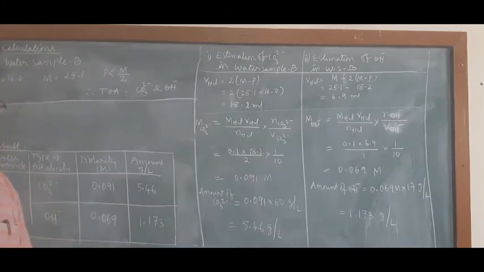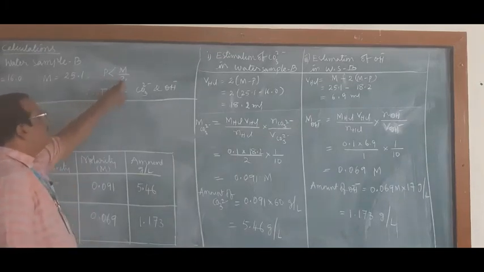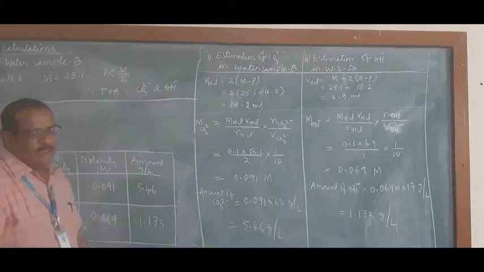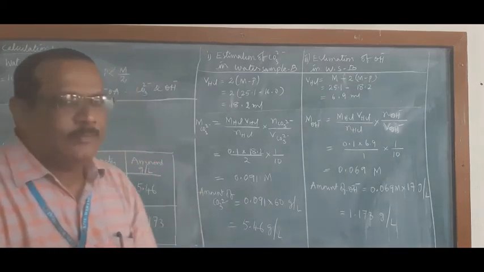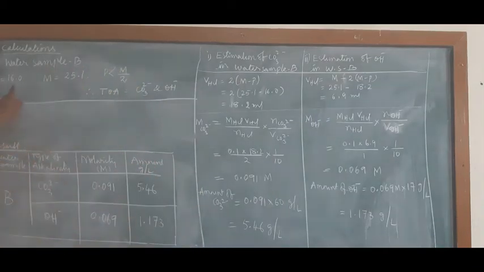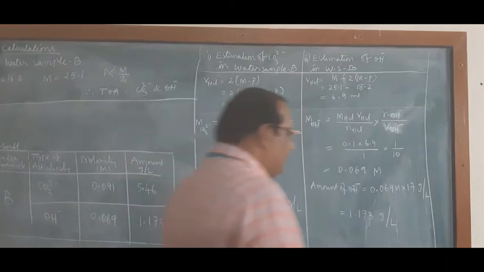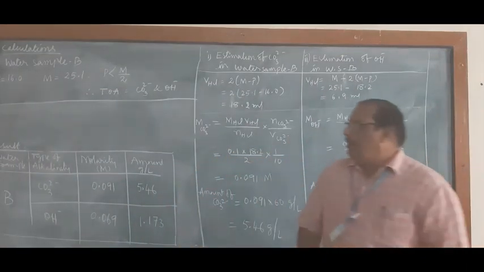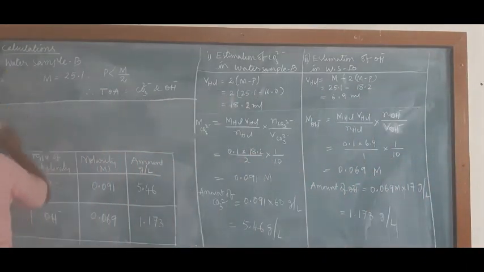Some other water sample may give different relations. If P is equal to M by 2, suppose P value is 8 and M value is 16.